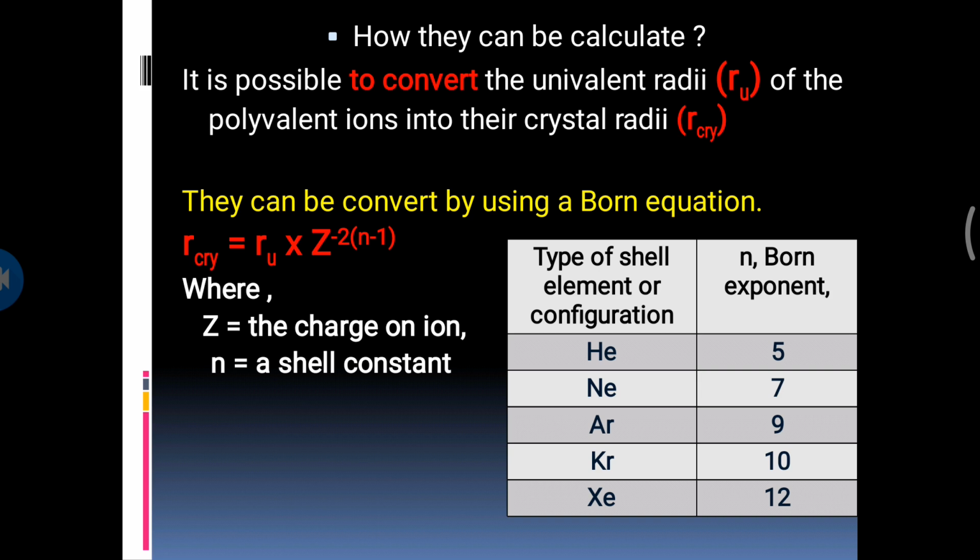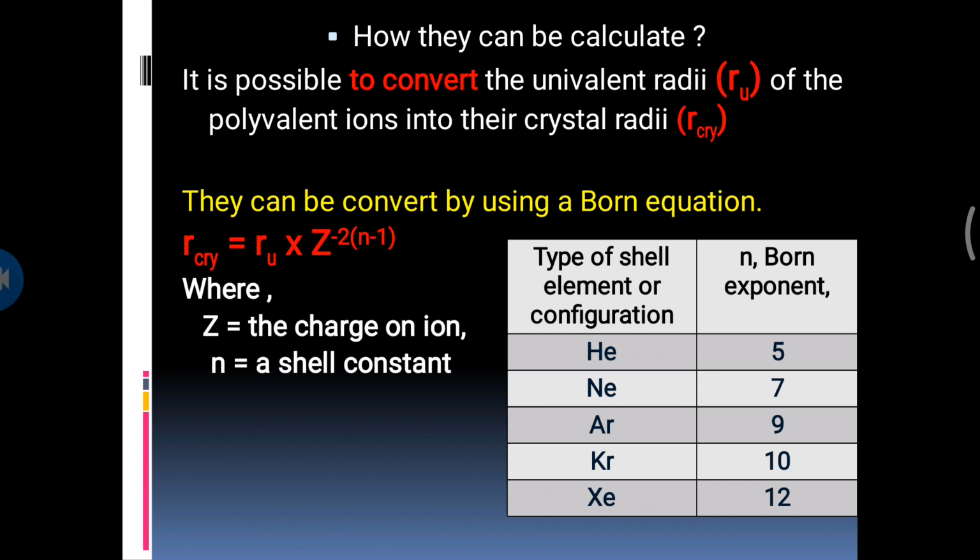This n depends on which period the metal belongs to, its position in the periodic table. It may be the first period, second period, or whatever.